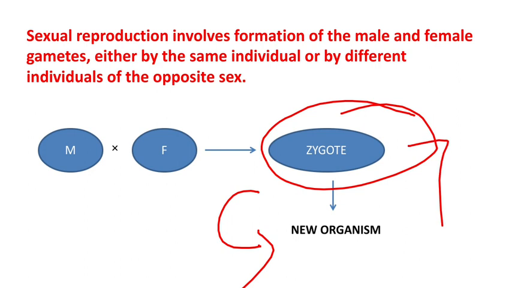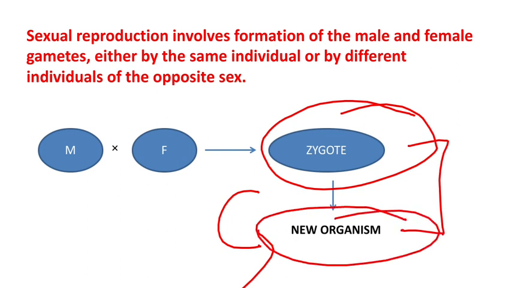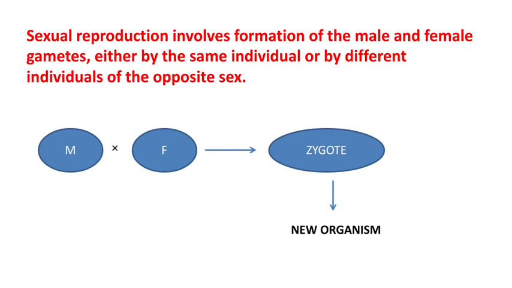Now, this process is also very complex. From zygote to new organism, it's a complex process. In this case also, your embryo forms first, and then there are various stages of development by which finally the new organism comes into existence. So I hope this would be clear. So let's move on.